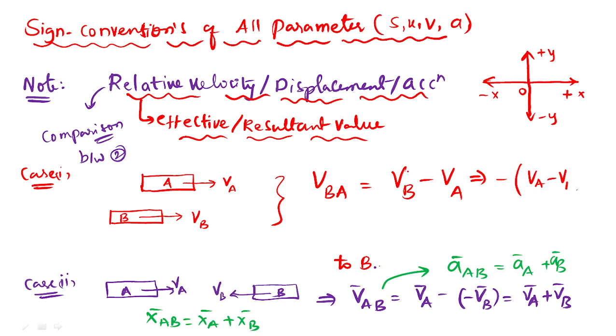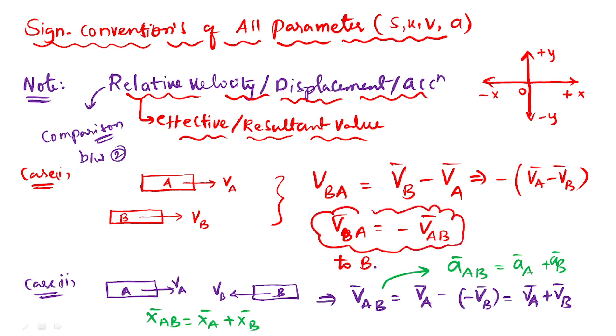Which means minus VAB, the relative velocity of A with respect to B. You will get a negative value, that's it. If I am doing A with respect to B, I am getting this one. If I am doing B with respect to A, you will get just the opposite of that. Yes or no?